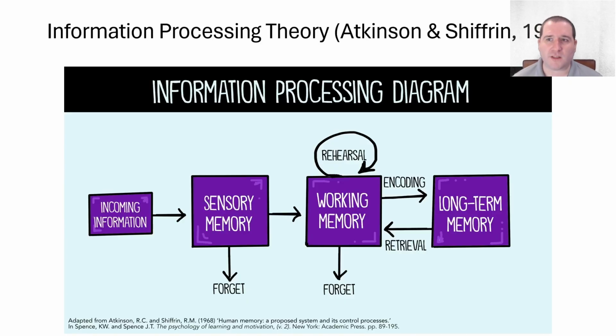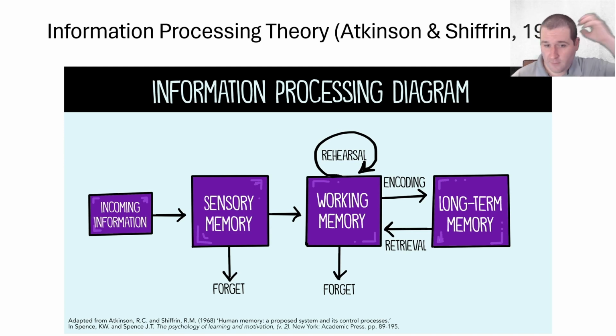So from the works of George Miller and that idea that we have a limited working memory, we see some theories arise. The first one, information processing theory from Atkinson and Shiffrin in 1968, kind of treats our brain like a computer. As we take information in, maybe we remember some sense.